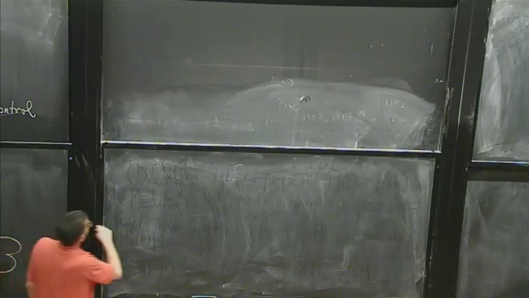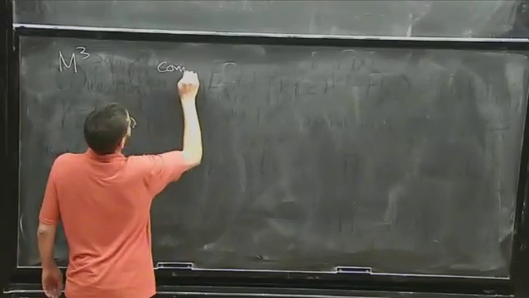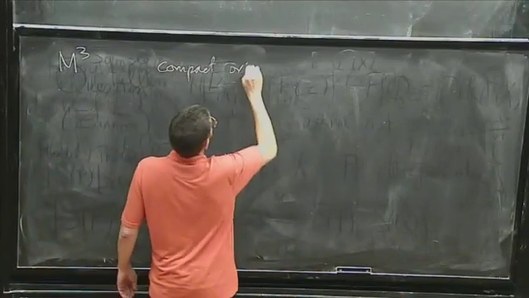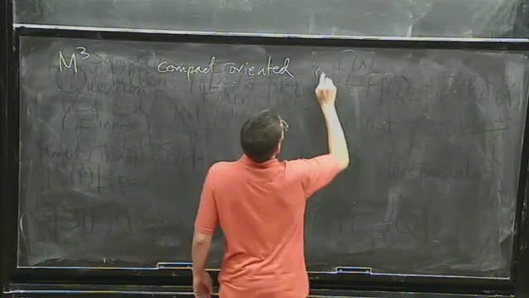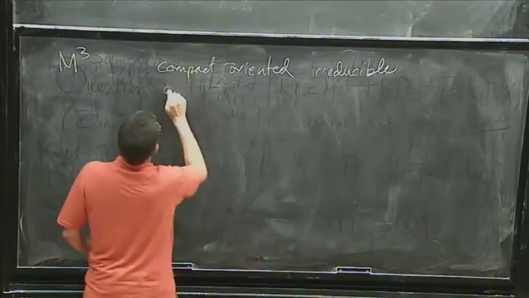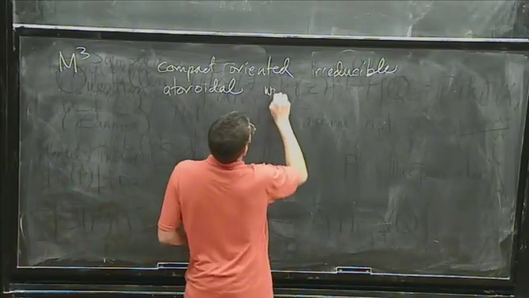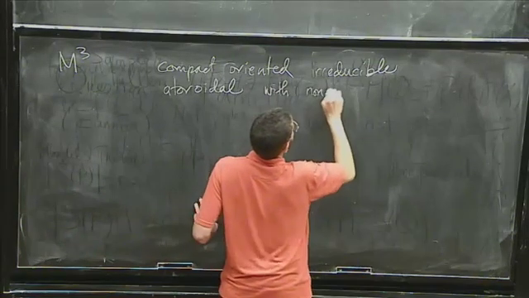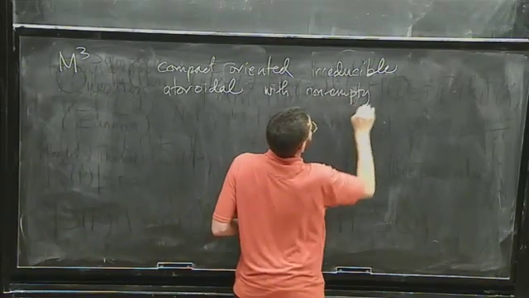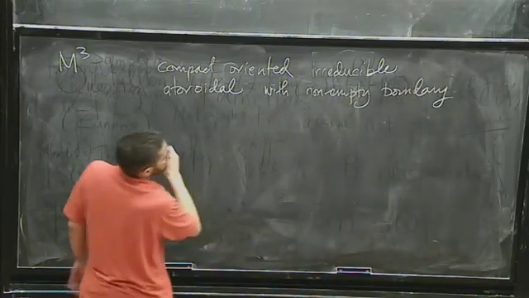So what's the setting? The setting is we have a three manifold. So the M will be a compact, oriented. There's a lot of adjectives here. I want irreducible, atoroidal, with non-empty boundary, and I want the boundary not to have tori.